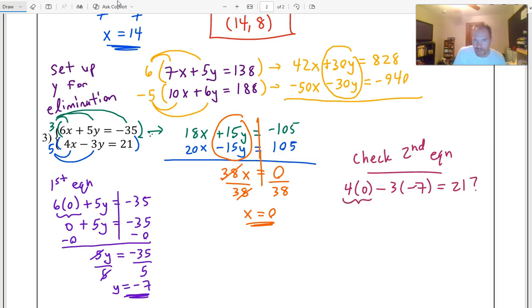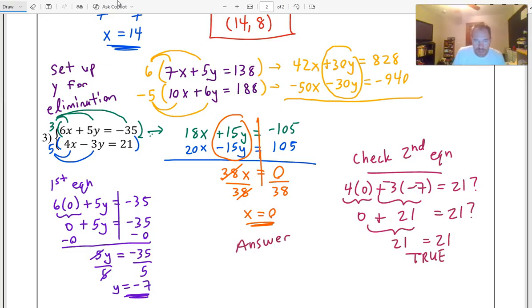Well, 4 times 0 is 0. If you treat it as a negative 3 times a negative 7, that would be plus 21. Yeah, this is looking good. 0 plus 21, that's 21. That is true. So the solution to this system is x is 0, y is negative 7.